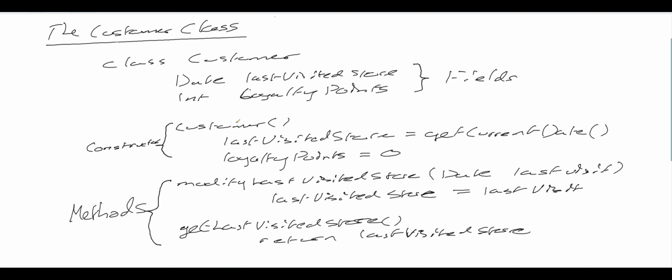So the key things to take from this are that we've got fields that can store data about the concept that we're describing with our class. We've also got a constructor, which is a special type of method that every class has to have, which will create a new instance of a class. So it's called when the class is instantiated. And instantiation is the process of creating a new instance of a class.